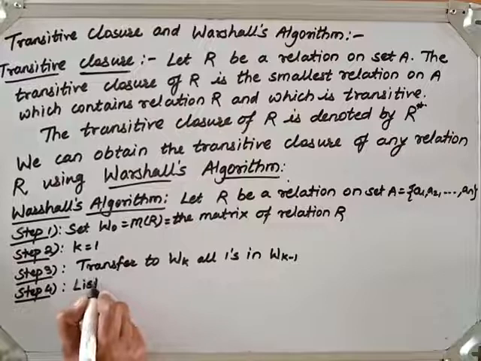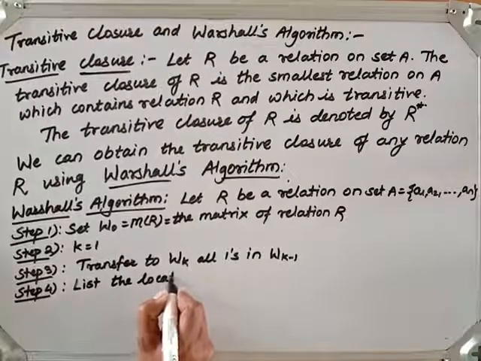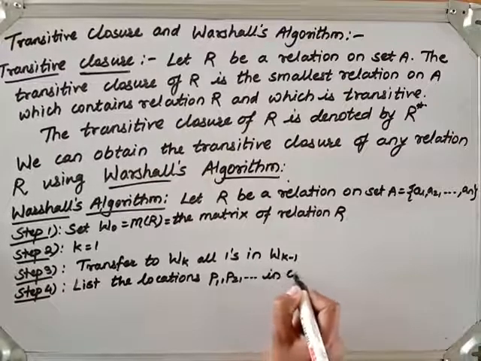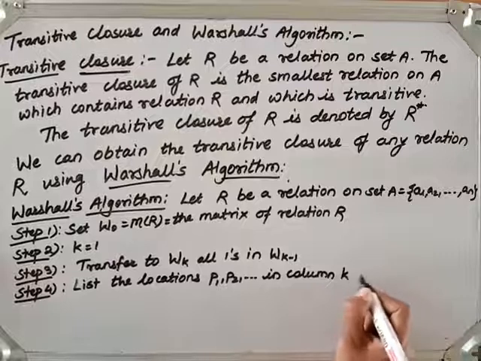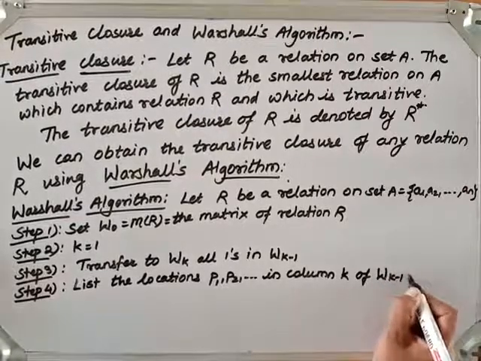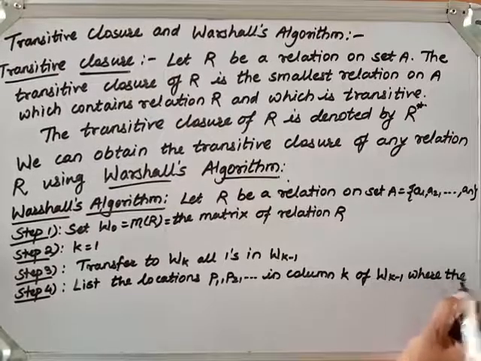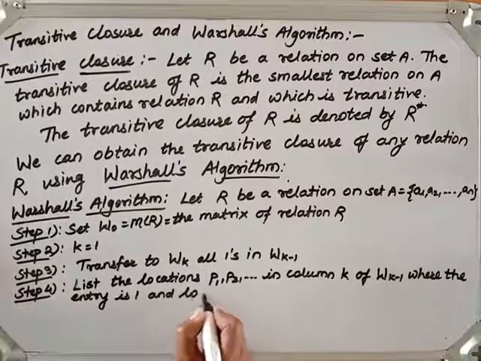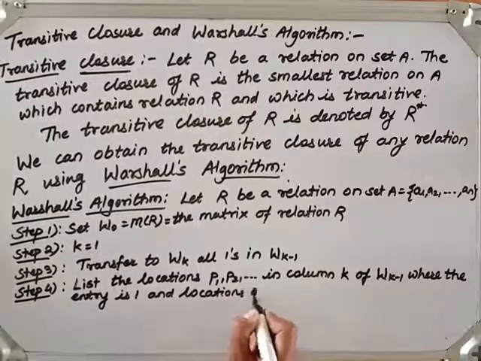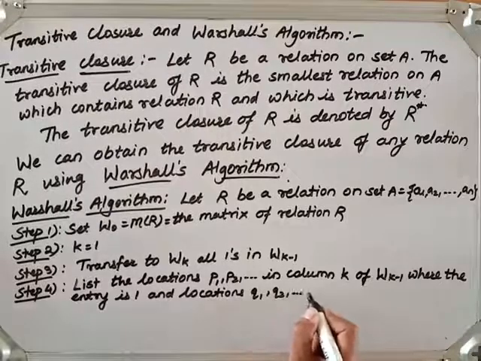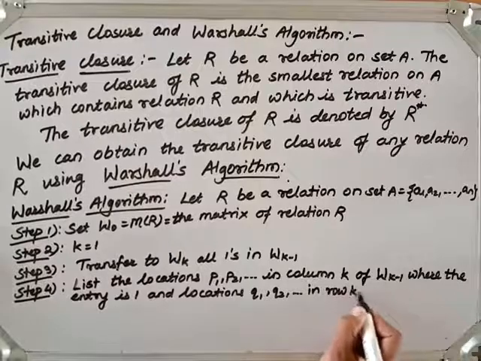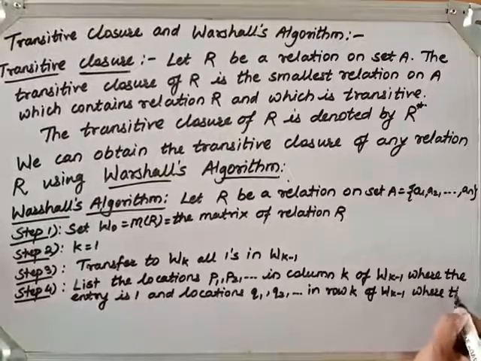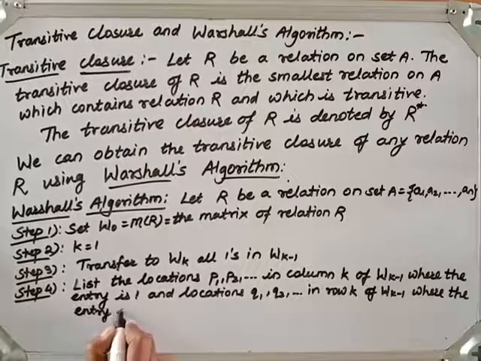Now here, list the locations P1, P2 and so on in column K of WK minus 1, where the entry is 1, and locations Q1, Q2 and so on in row K of WK minus 1, where the entry is 1.